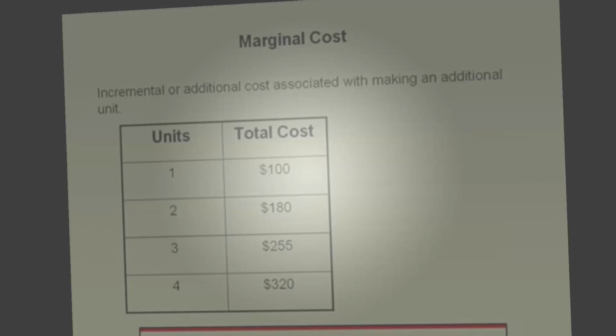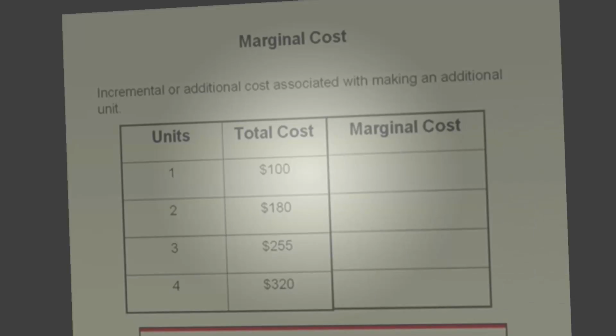Well, when you make the first unit, it's $100. When you make the second unit, the additional cost is $80. When you make the third unit, $75. The fourth unit, $45. Marginal cost decreases as we make more units.